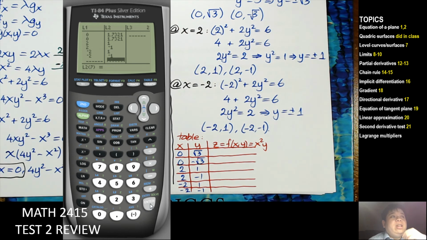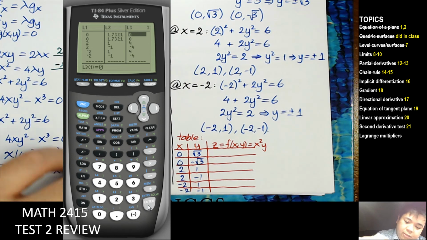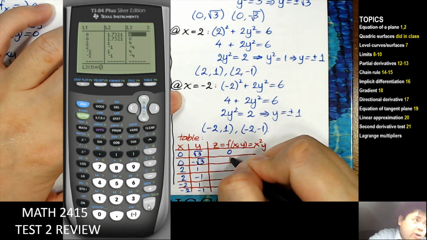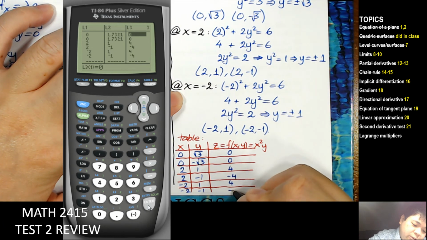Right, so put everything there. And then go to L3, have to highlight L3, and then we enter L1 for x, and L1 squared for x squared, and L2. Right, so we have 0, 0, 4, -4, 4, -4.